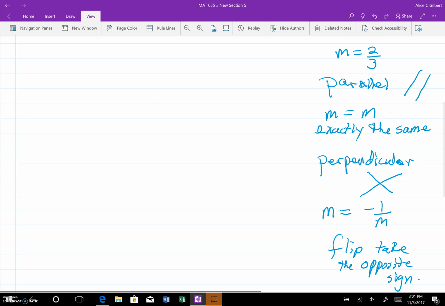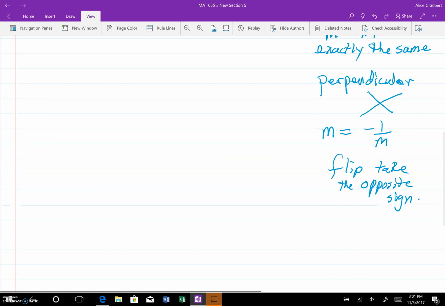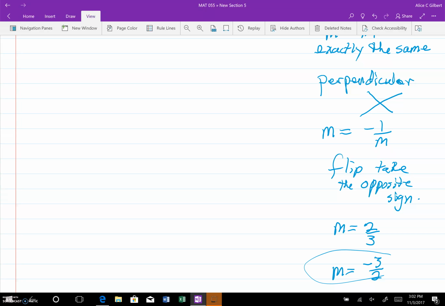So in this case, if our m is 2/3, then the slope of a perpendicular line is going to be, let's do this, flip it first. So 3/2, and then take the opposite sign. The first one's positive, so this one would be negative, and that would be the slope that we would use.